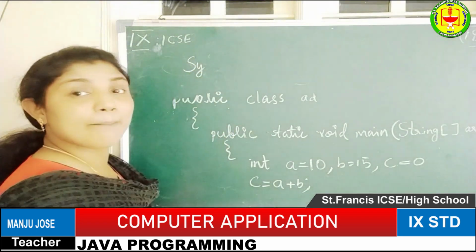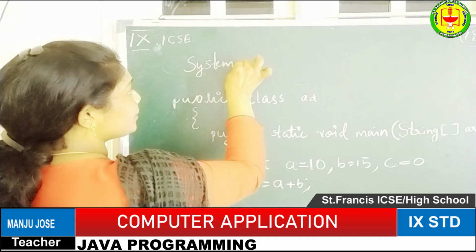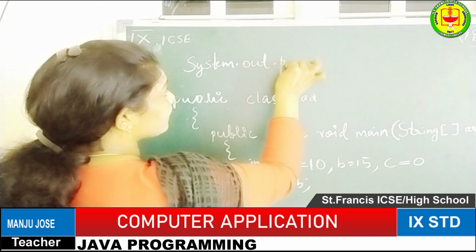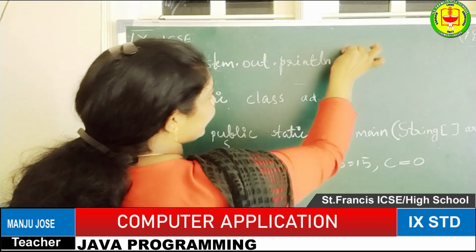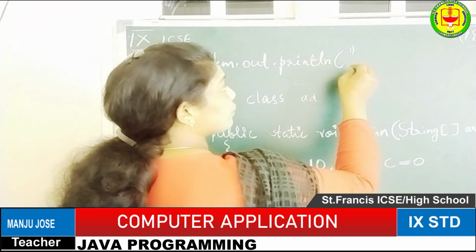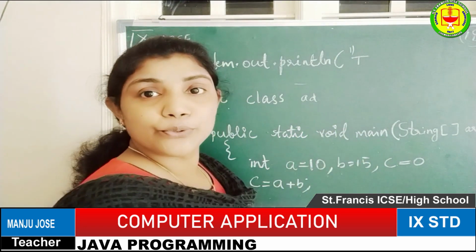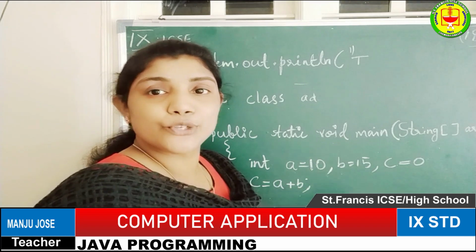Start with capital letter System, dot out dot println. System.out.println. Then put inverted commas. Whatever message you want to convey to the user, the related message can also be joined with the output.